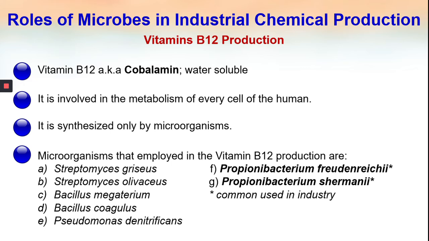From all of these examples, Propionibacterium freudenreichii and Propionibacterium shermanii are the two common bacteria used in the production of vitamin B12 in industry.